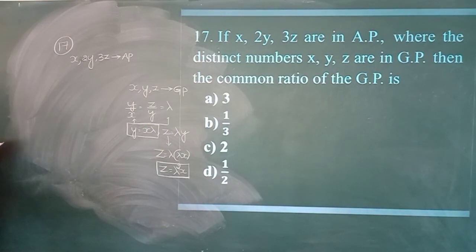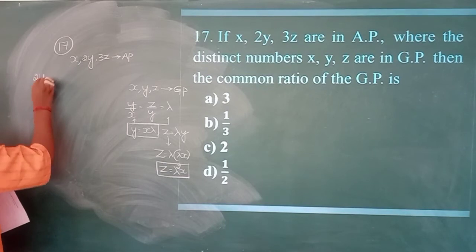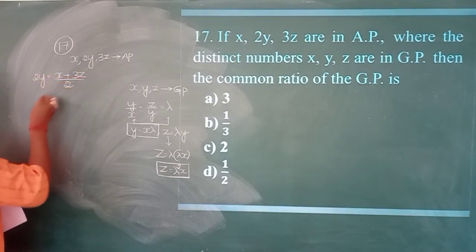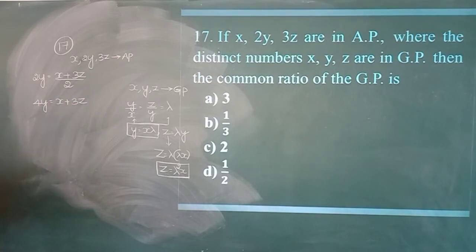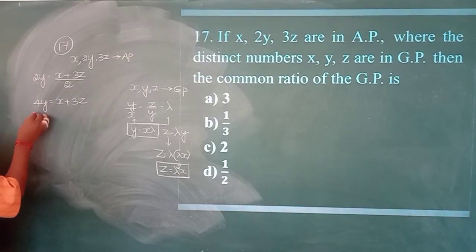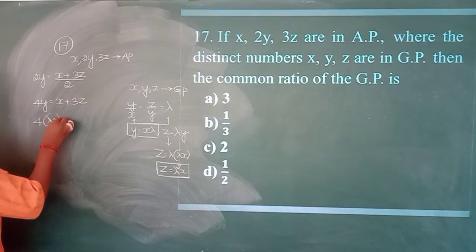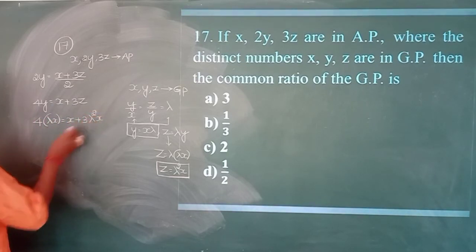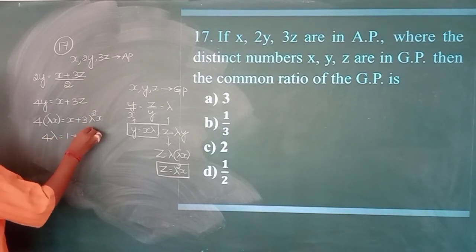So here 2 times 2y is x plus 3z, so 4y is equal to x plus 3z. Substitute all the values: 4 into lambda x, so dividing by x, 4 lambda is 1 plus 3 lambda square.